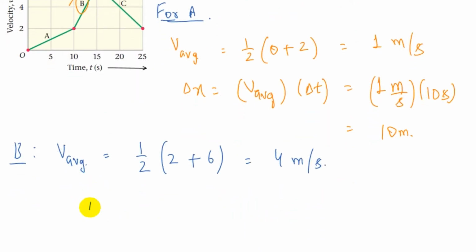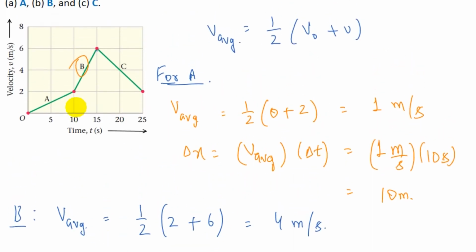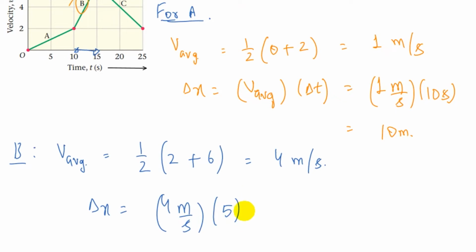Now the displacement for segment B would be average velocity multiplied by delta t. Average velocity in this case is 4 meters per second, multiplied by delta t, which is 15 minus 10, that is 5 seconds. So we get this answer to be 20 meters. So this is the answer for the B part.